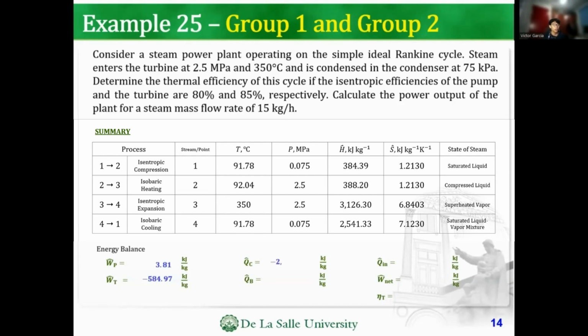Specific heat of the condenser is negative 2,156.94 kilojoules per kilogram. Specific heat at the boiler is 2,738.20 kilojoules per kilogram. Specific heat in is 2,738.20 kilojoules per kilogram. Specific work net is equal to 581.16 kilojoules per kilogram.